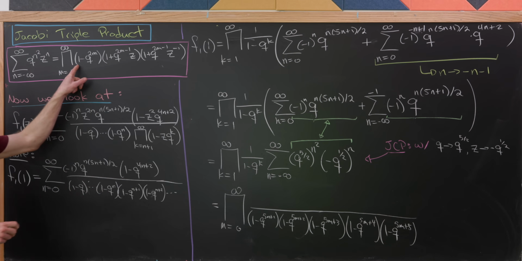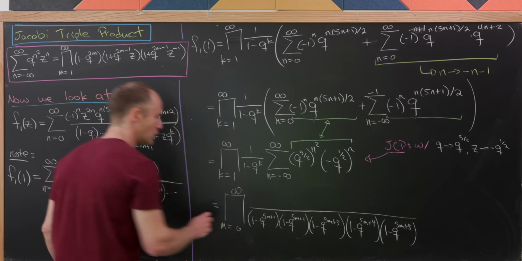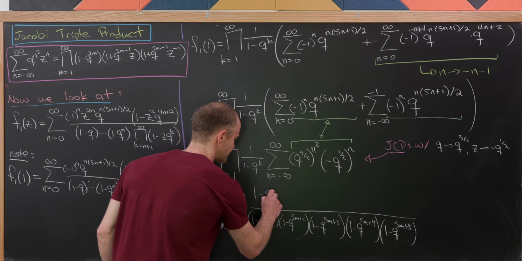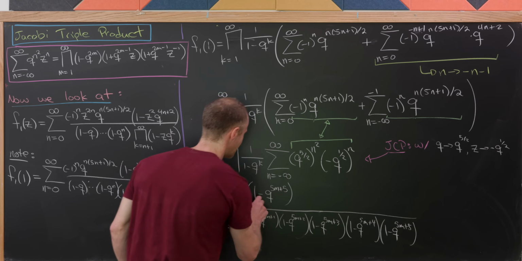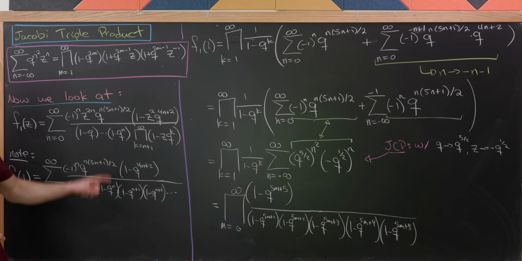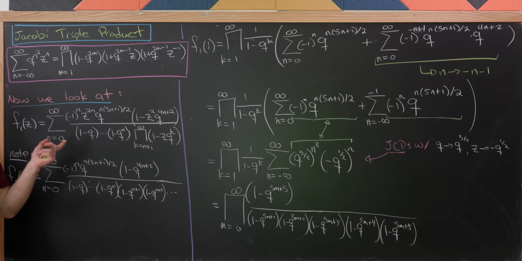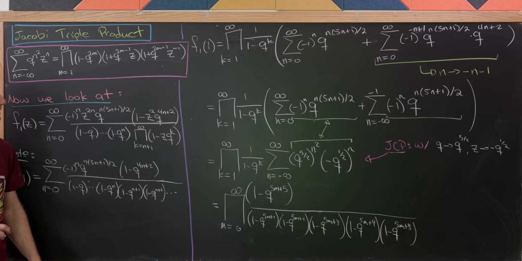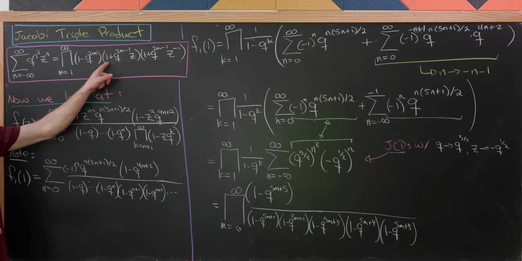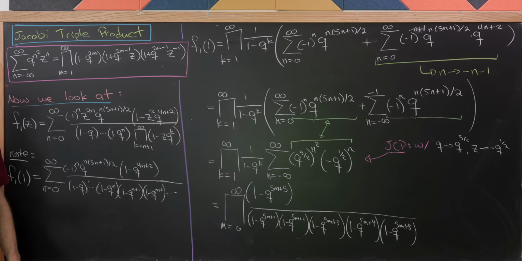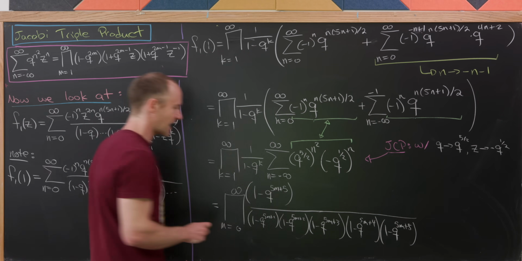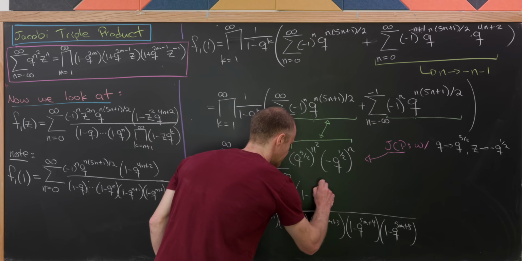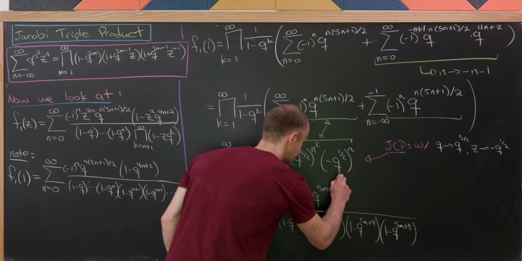Well, let's see. This 1 minus q to the 2m will turn into a 1 minus q to the 5m plus 5. I'm like simultaneously re-indexing this to start at 0 instead of starting at 1, but I think that's okay. And then let's see. This 1 minus q to the 2m minus 1 times z, well, that's in fact going to turn into 1 minus q to the 5m plus 3.